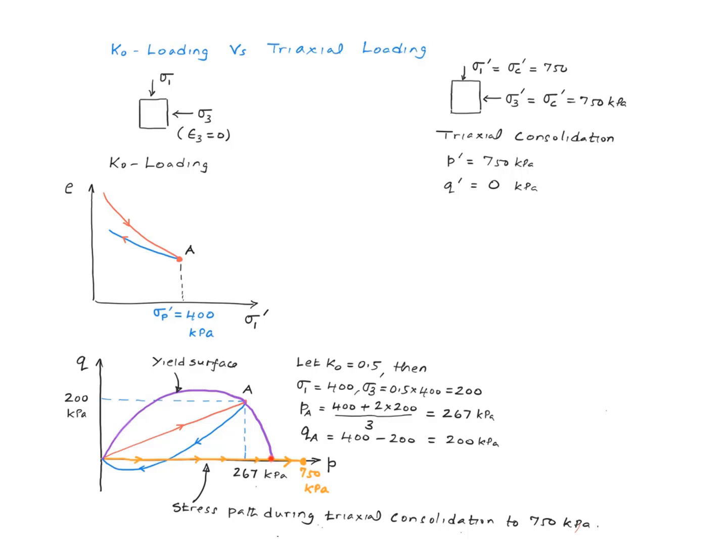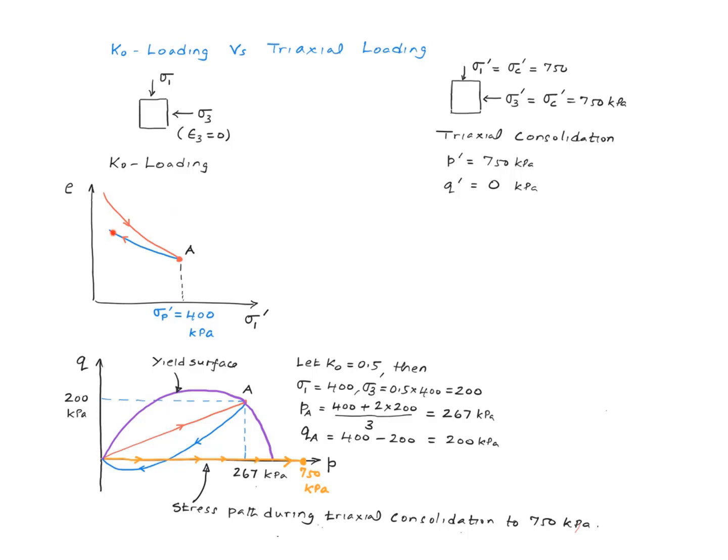But as soon as you go past this point, right, then the yield surface will keep expanding. So this point kind of serves like this point right here. In this space, we would say, well, you had to go past point A in order to make the soil normally consolidated, right?